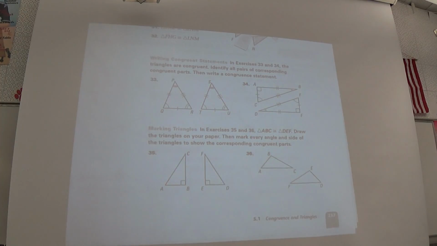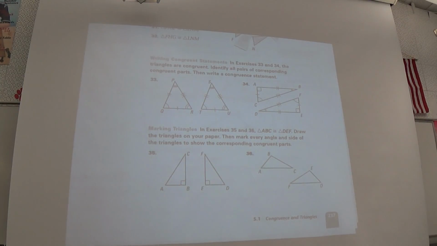Next. PQR is congruent to STU. Okay, next. QPR is congruent to TSU. Okay, very good. David. QRP is congruent to TUS. Okay, next. PQR is congruent to STU. Okay, very good. Next. PQR is congruent to STU. Okay, next. QPR is congruent to TSU.